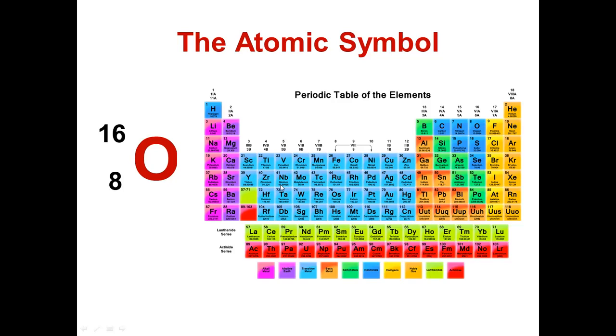So first, let's begin with that large O. This letter is the atomic symbol for oxygen, shown here, this O. And you can see here, looking at this periodic table, that different elements have different symbols associated with that element. Many times it is the first letter of the element itself, but that's not always true. For example, you can see here that iron is represented by the symbol Fe.